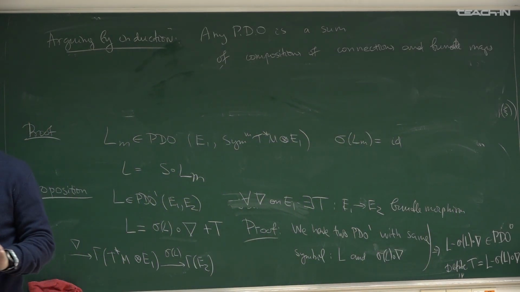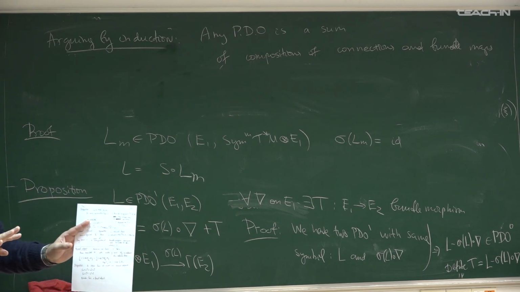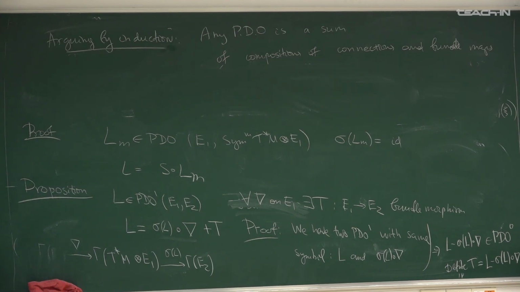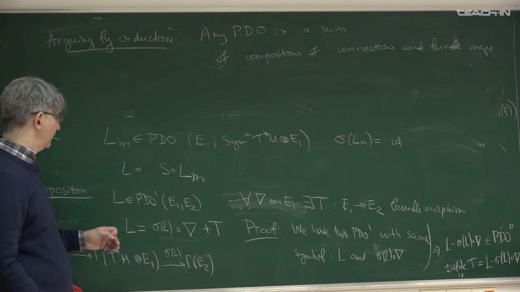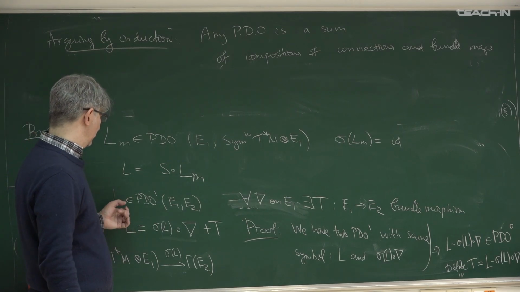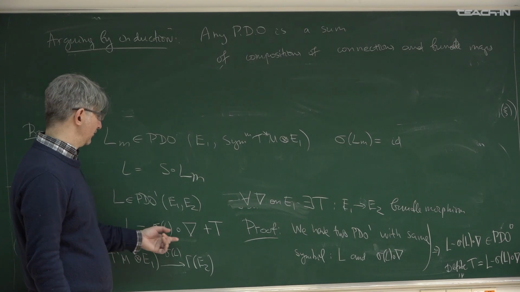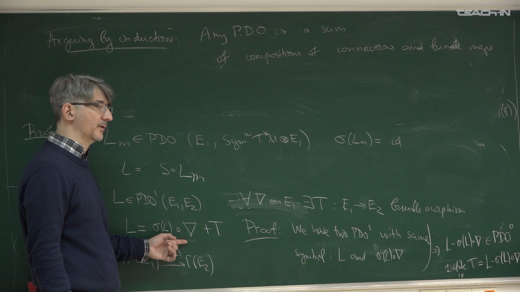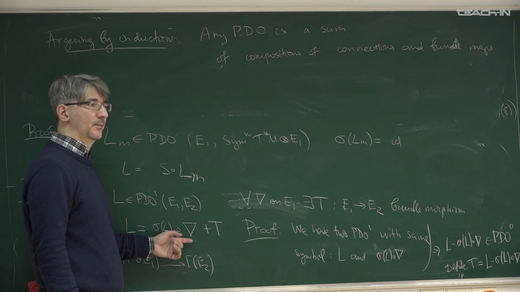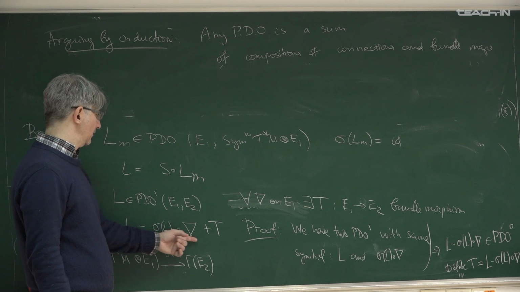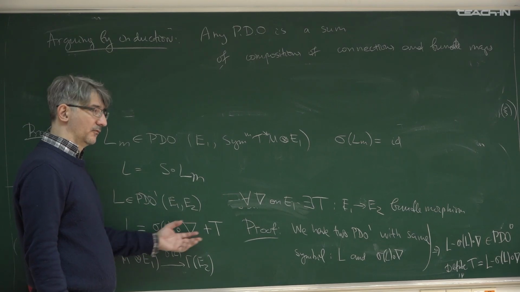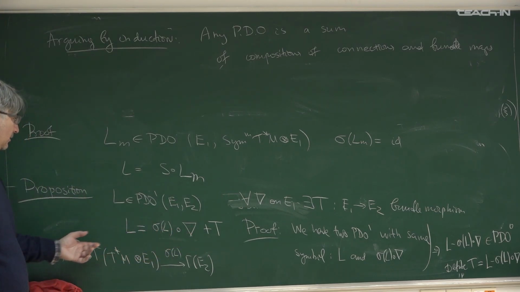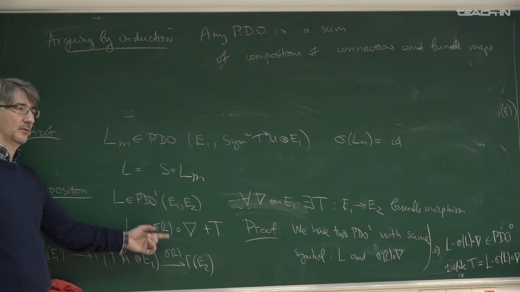But at intermediate steps, you can obtain complicated vector bundles. For example, here we discuss the representation of this operator of order 1 as a sum of two objects, a bundle morphism and a composition of something. These two operators involve some more complicated vector bundle in the middle.